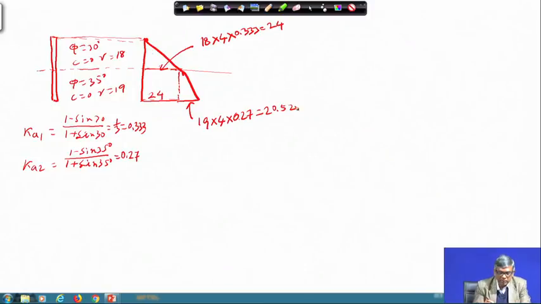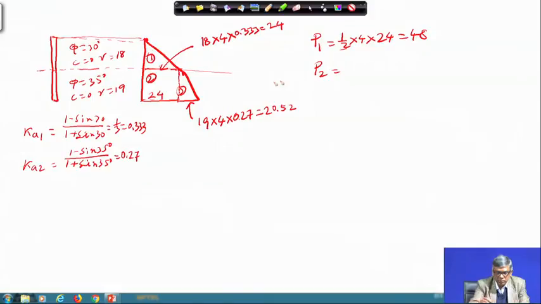So now we have to find out the active thrust on the wall because of this backfill. This can be divided into 3 parts: 1, 2 and 3. P1 will be equal to half multiplied by 4 multiplied by 24, which is 48.